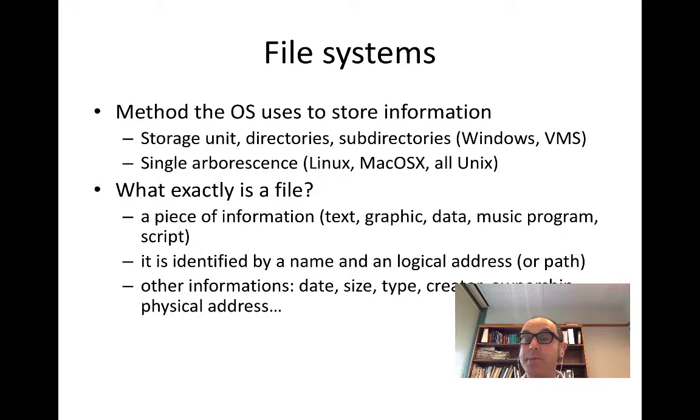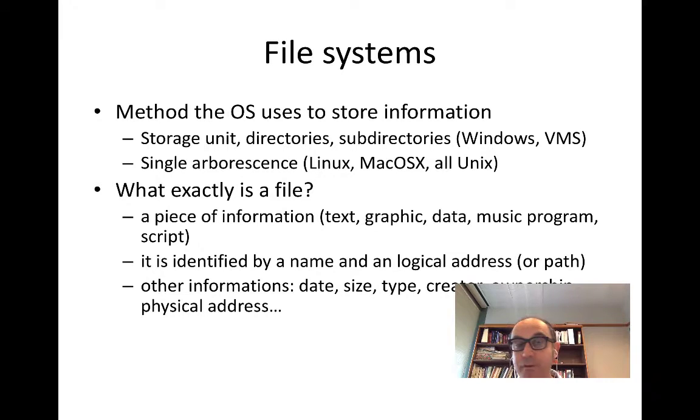And again, back to our subject. Remember that we talked last time about organization and classification. This is how Windows classifies or organizes information compared to Linux or Mac. So what exactly is a file, or what data does it consist of?